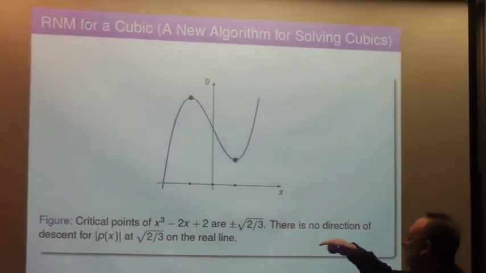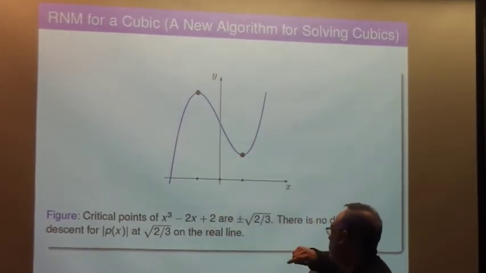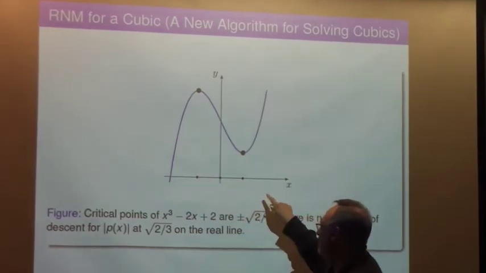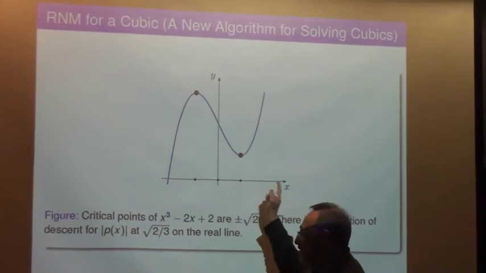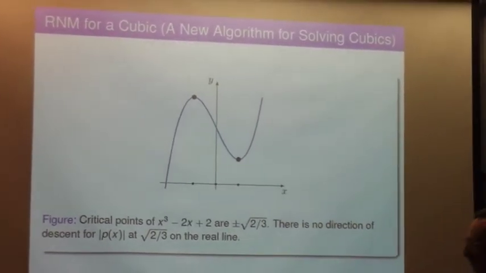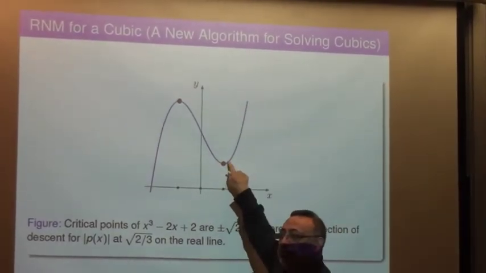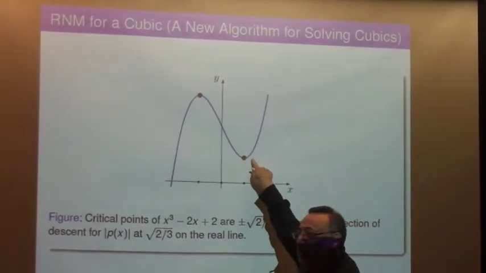Now, if you have this polynomial, Smale's example, these are the critical points, right? In a neighborhood of 0, 0 is mapped to 1 and 1 is mapped to 0. So suppose that we are here and we want to reduce the modulus of a polynomial. How can I reduce it here?